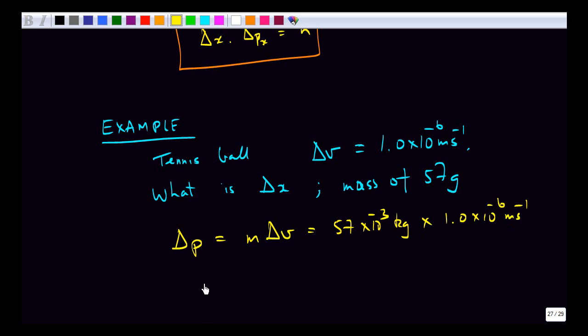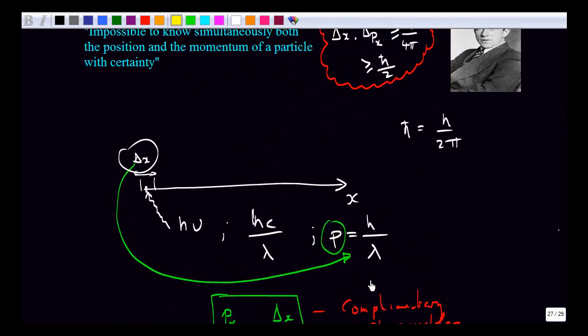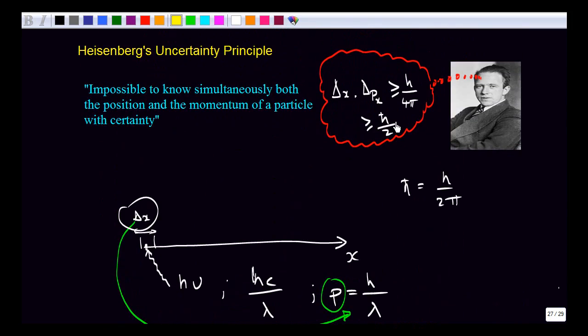Now we write down the Heisenberg uncertainty relationship, so that says delta P times delta X is greater than or equal to, so the minimum uncertainty is going to be h over 4 pi. So that's from the equation which is written up here.